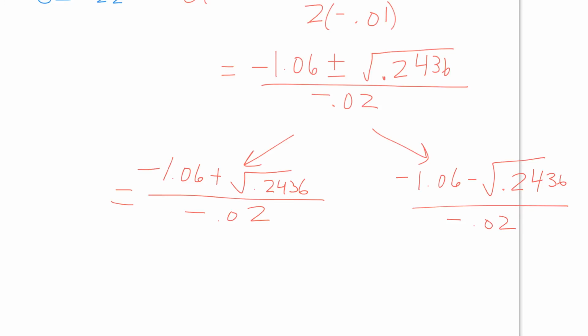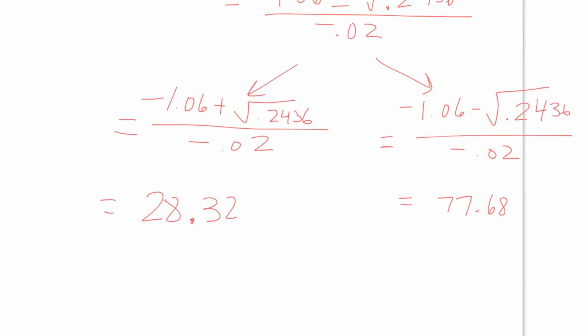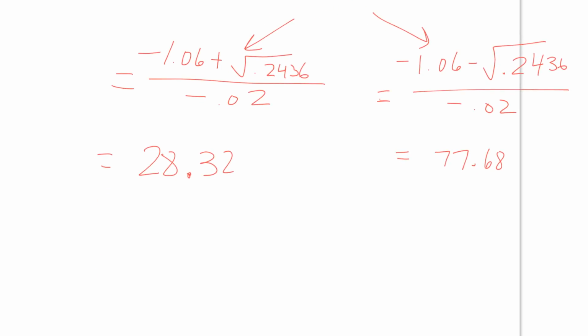So let's say this is 28.32. And for the subtraction one, plug that in, and you should get 77.68. So we actually have two positive answers, and our distance could be positive. So we have two different distances that we could have.